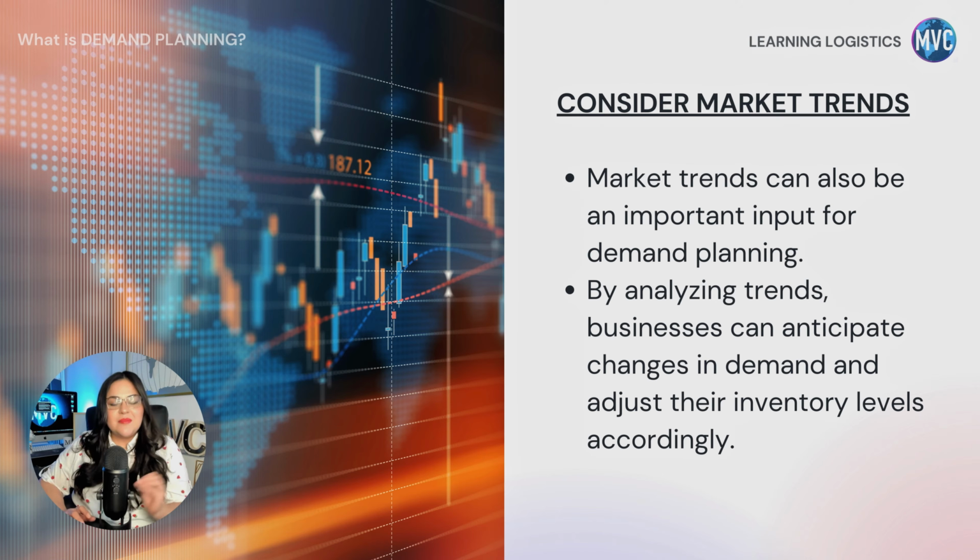Next is considering market trends. Market trends can also be a very important input for analyzing demand and for planning our demand. By taking a look at the trends in the market, such as changes in consumer behavior or the emergence of new competitors, businesses can anticipate changes in demand and adjust their inventory levels accordingly.